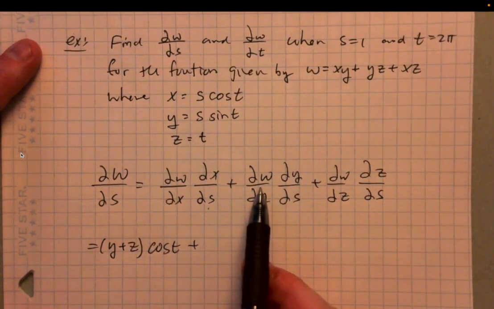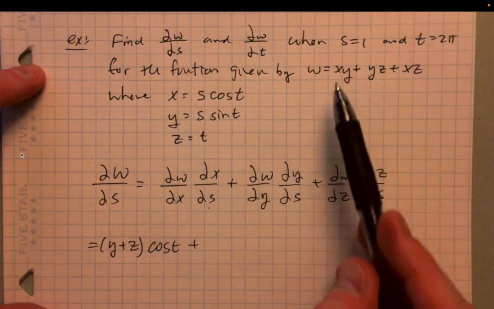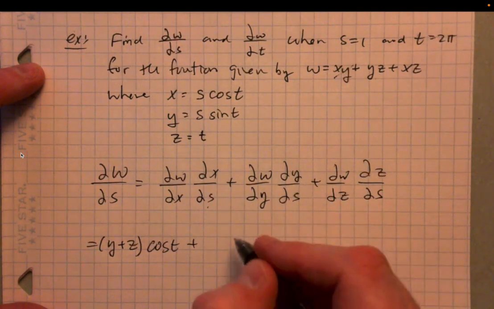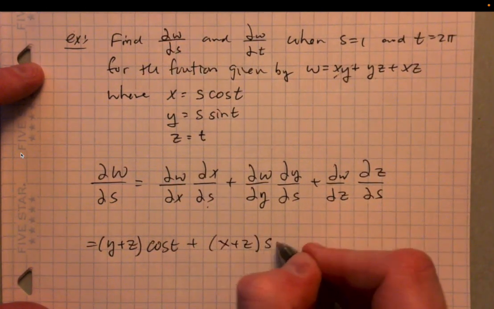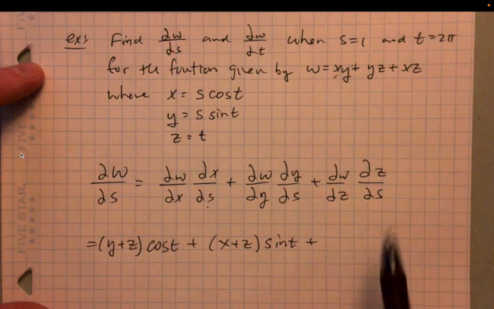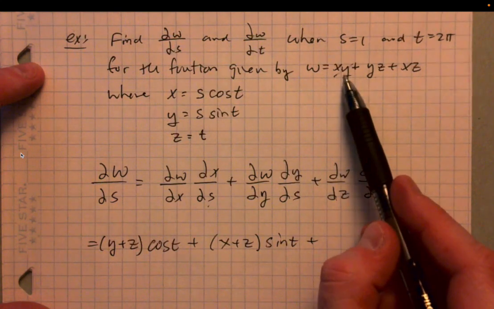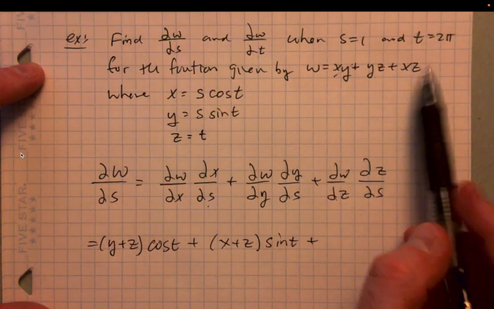Okay, and now this one, partial of w with respect to y, right? So variable, 0, so x plus z, right? And then sine of t. And then what about the last one? Partial of w with respect to z, right? So constant, variable, variable. So it'd be y plus x, right?